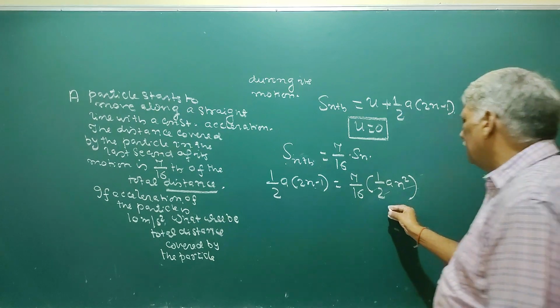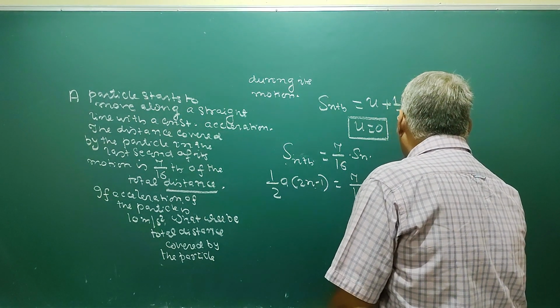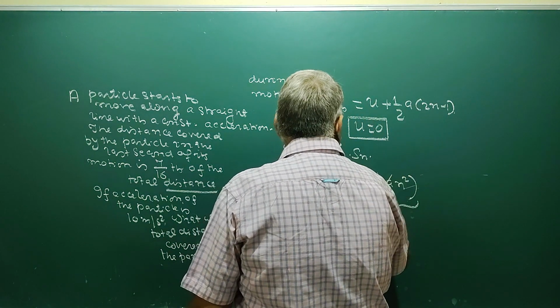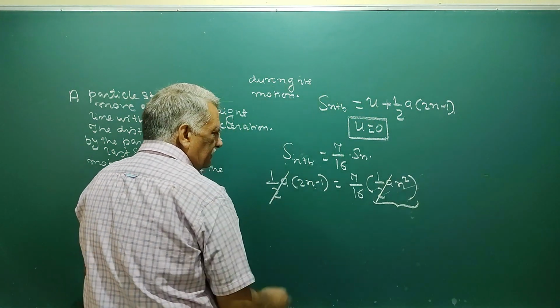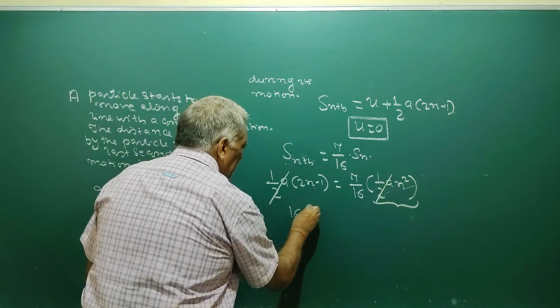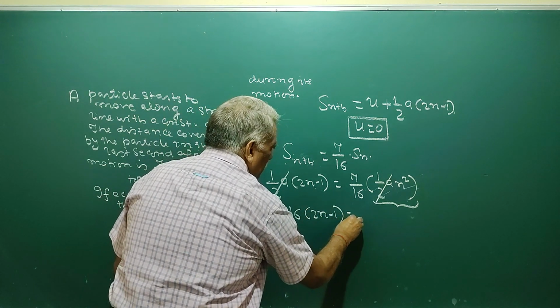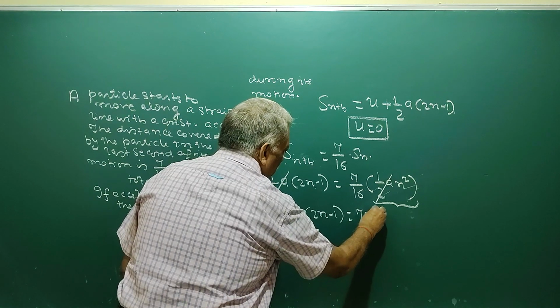This is the distance covered by the particle in n seconds. Cancelling the half, we get 16 into 2n minus 1 equal to 7n square.